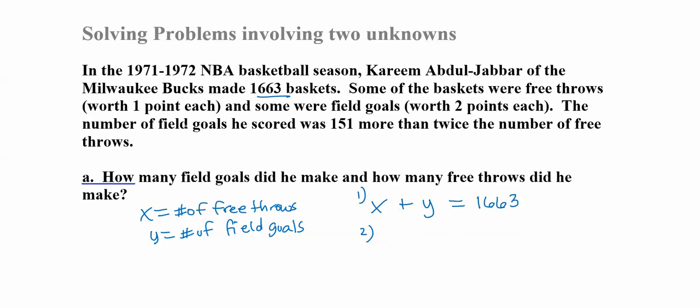It says the number of field goals he scored was, so my field goals is the variable y. So y equals 151 more than twice the number of free throws. So that's going to be 151 plus 2 times x. So y equals 151 plus 2x.